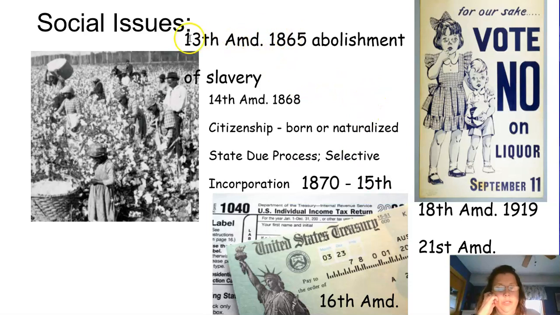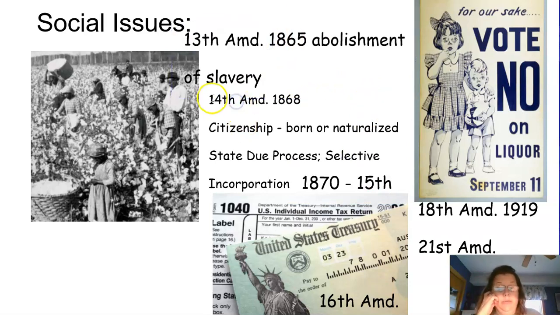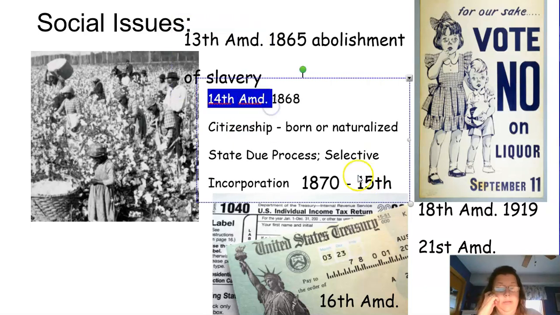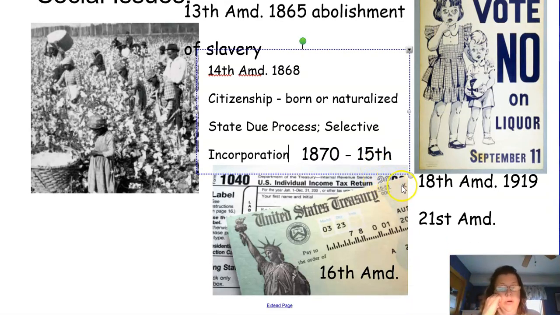So if we really want to, and it is taught, the 13th, 14th, and 15th Amendments are actually identified as the Civil War amendments. So you start at the negative 13 and you go to 14, which expands the rights, and 15 expands it even more. 16th is when you start driving, when you get a job, so you're paying income tax.